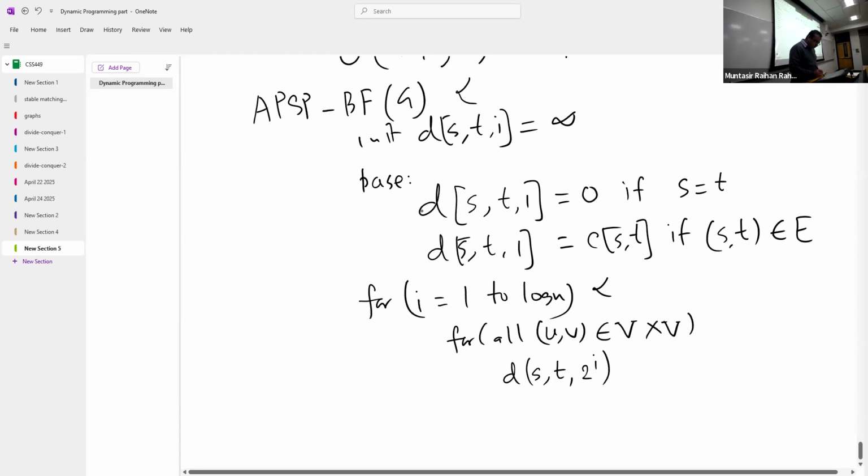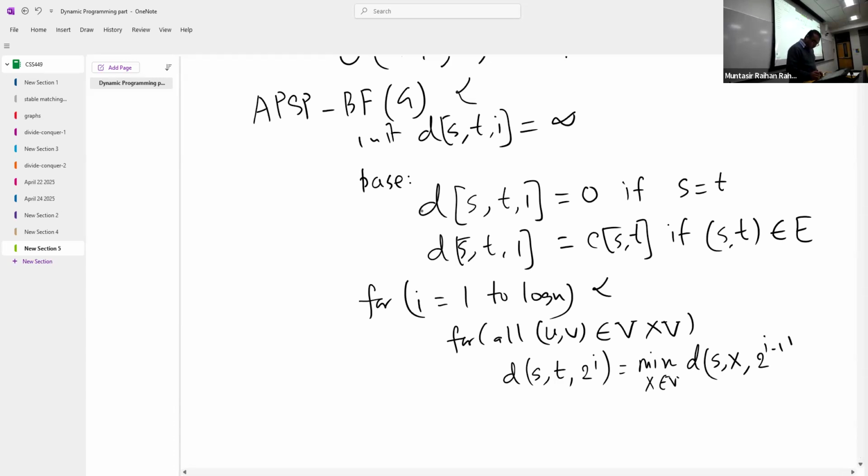And then this will be equal to the minimum over X in V of D of S to X to the power I minus 1, half less, plus D from X to T to the power I minus 1.